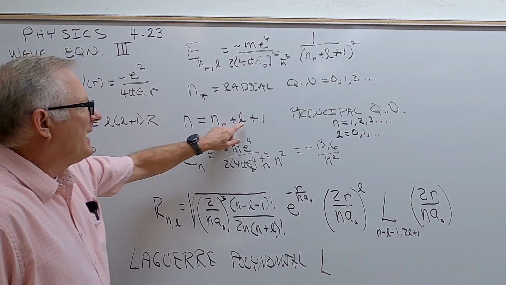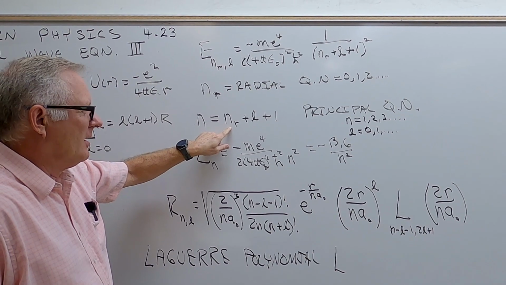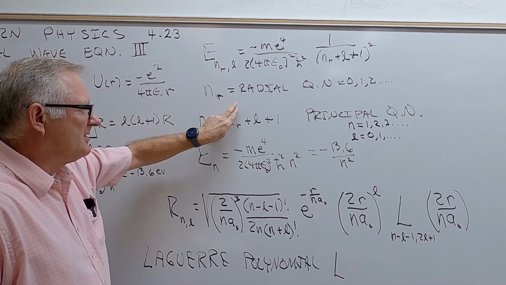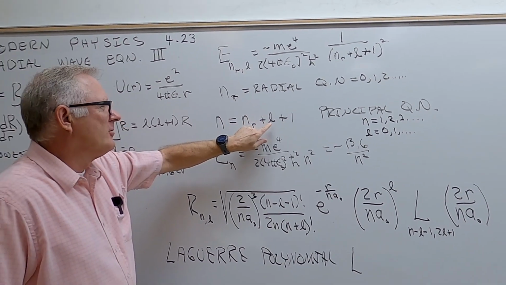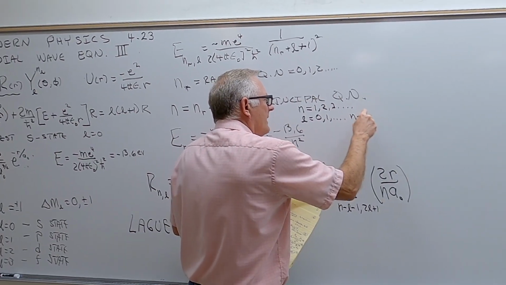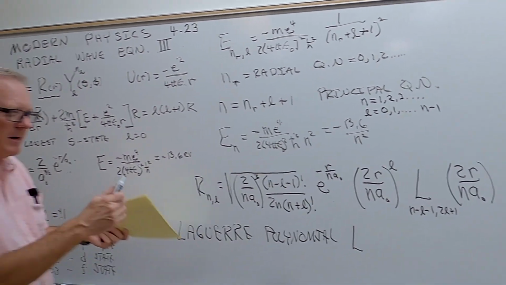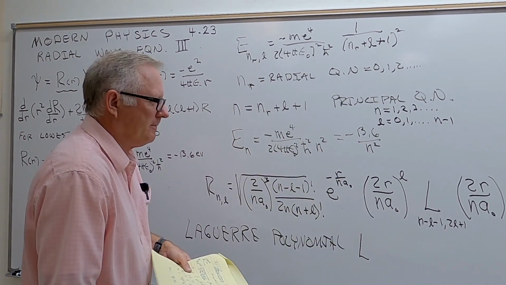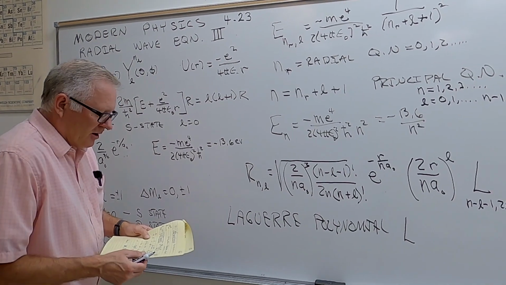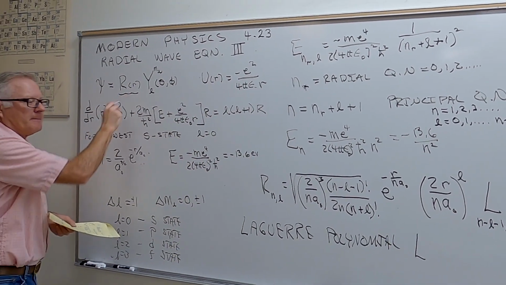Well, the biggest l can be is when n sub r is as small as possible. The smallest n sub r can be is 0, so l goes all the way to n minus 1. And remember, m sub l went from minus l all the way to plus l. Okay, so these are our radial functions. That's just this part right here.